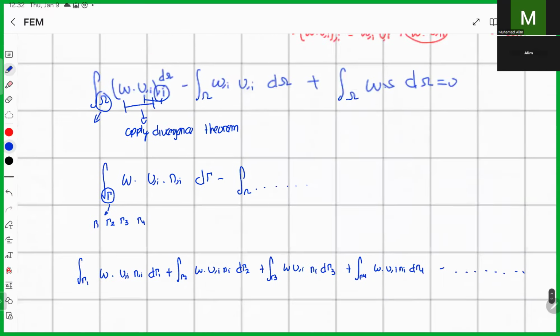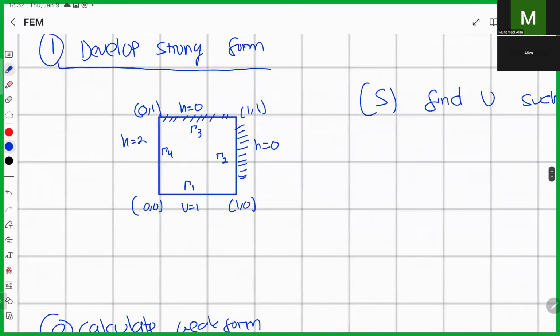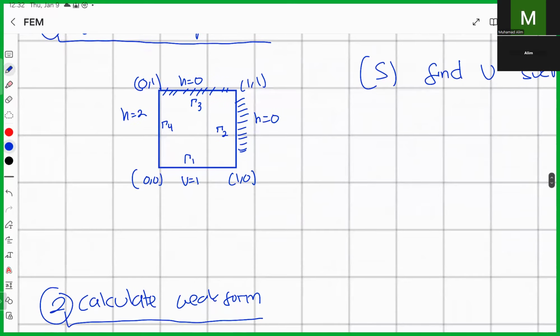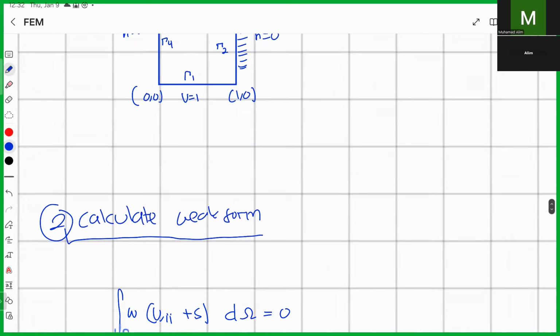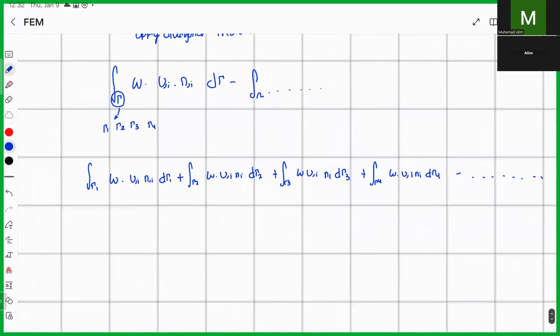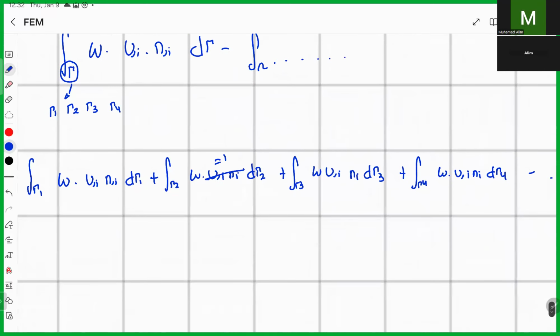So if you look at our boundary again, then we have 2 and 3 equals 0. So this equals h, and h equals 0. So you can cross this. The same here for 3.